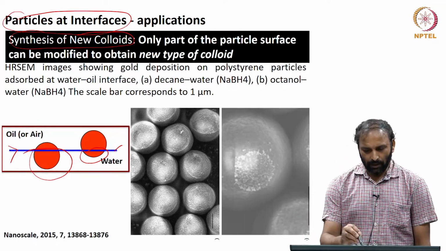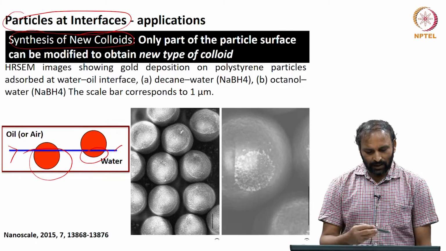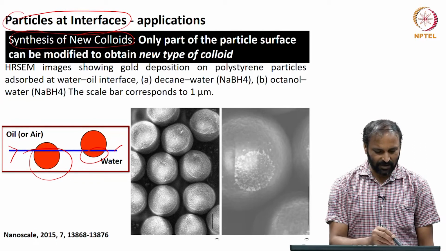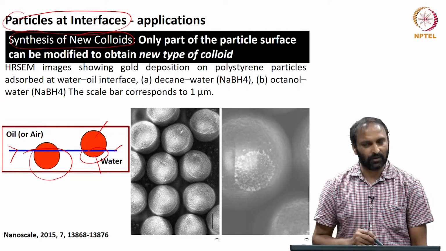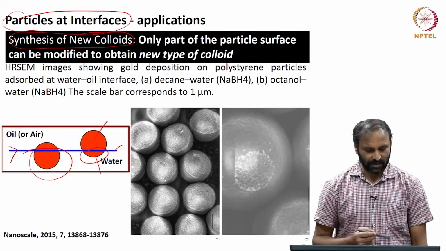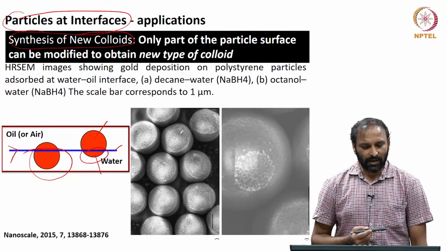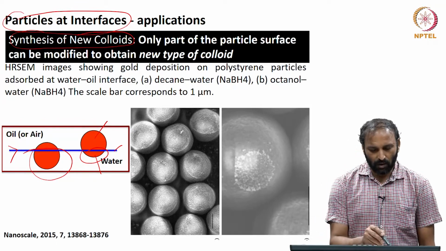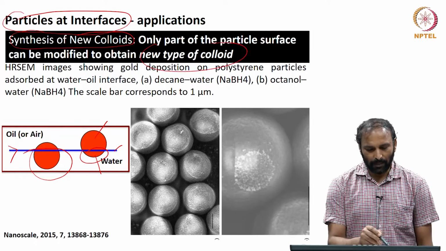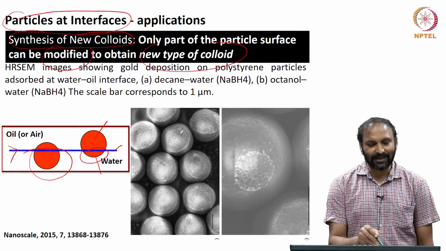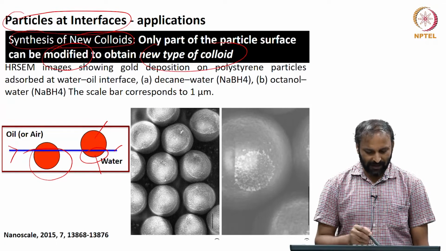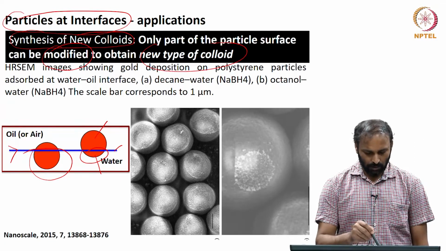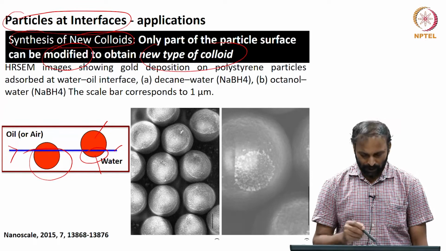Because part of the surface is in contact with oil and part of the surface is in contact with water, it can be exploited to make new types of colloids by what is called selective surface modification of the part of the particle either in contact with water or the one that is in contact with oil.